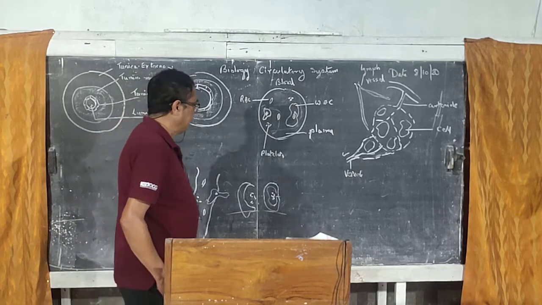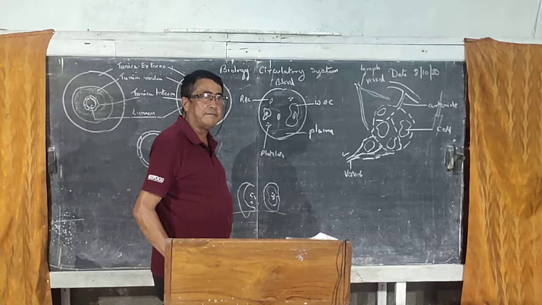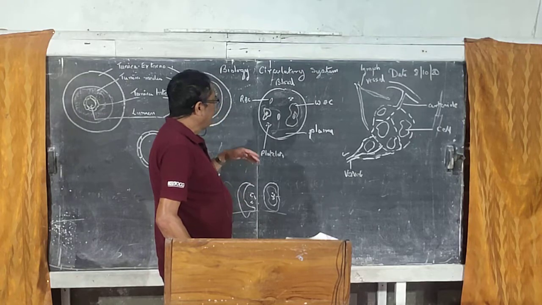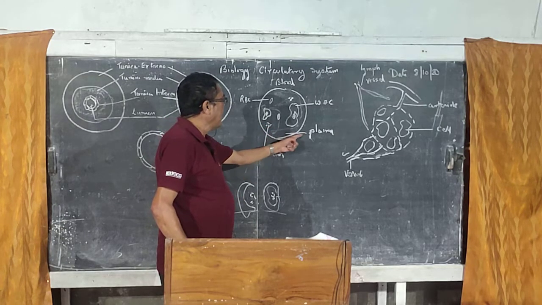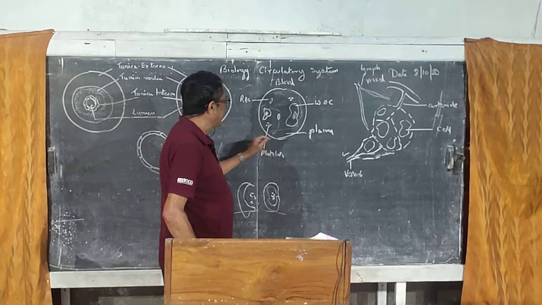Now, blood. Blood is a fluid connective tissue which consists of 55% plasma, the fluid part here, and 45% blood cells.